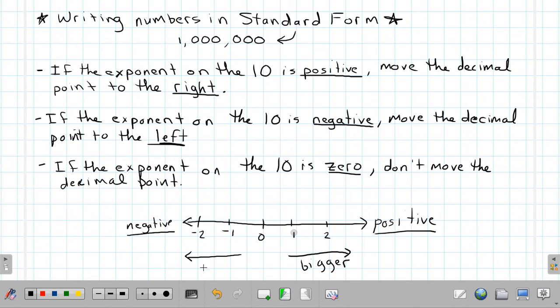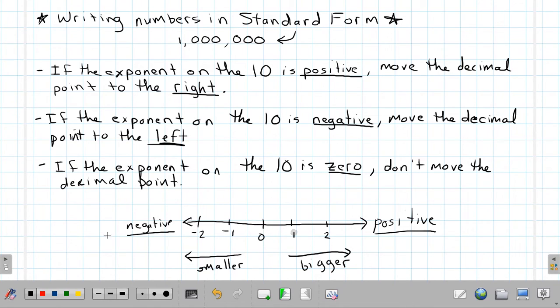That's what's going to happen when you see the examples with negative exponents. Now, right in the middle of all this is the number 0. If you're at 0, you don't move the decimal place at all, because you're in the middle. You don't have to go left or right at all. You're right at the number 0.